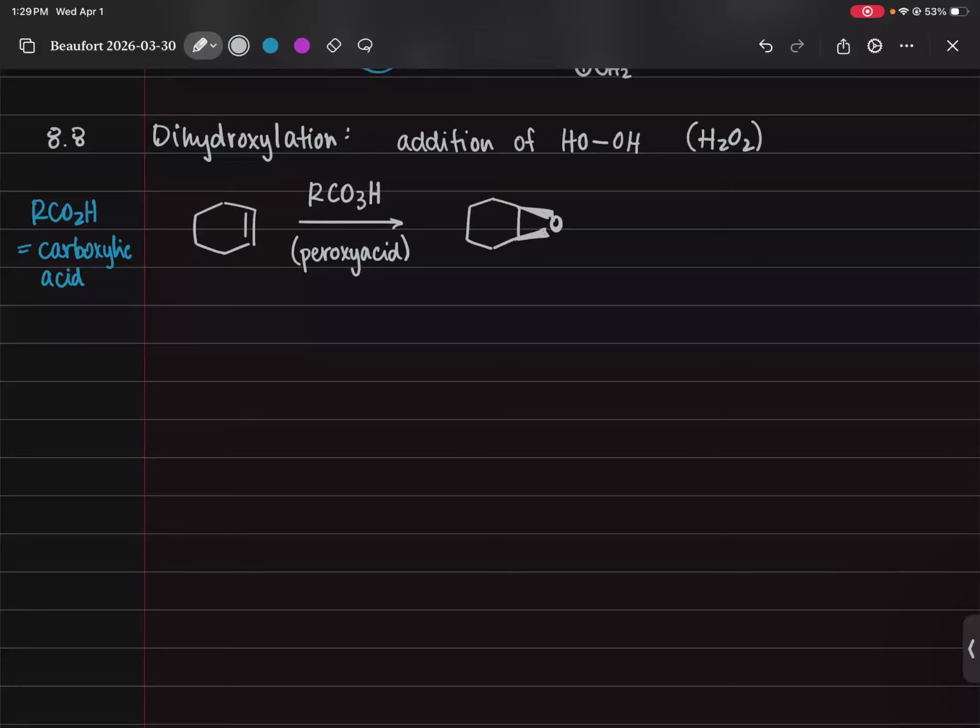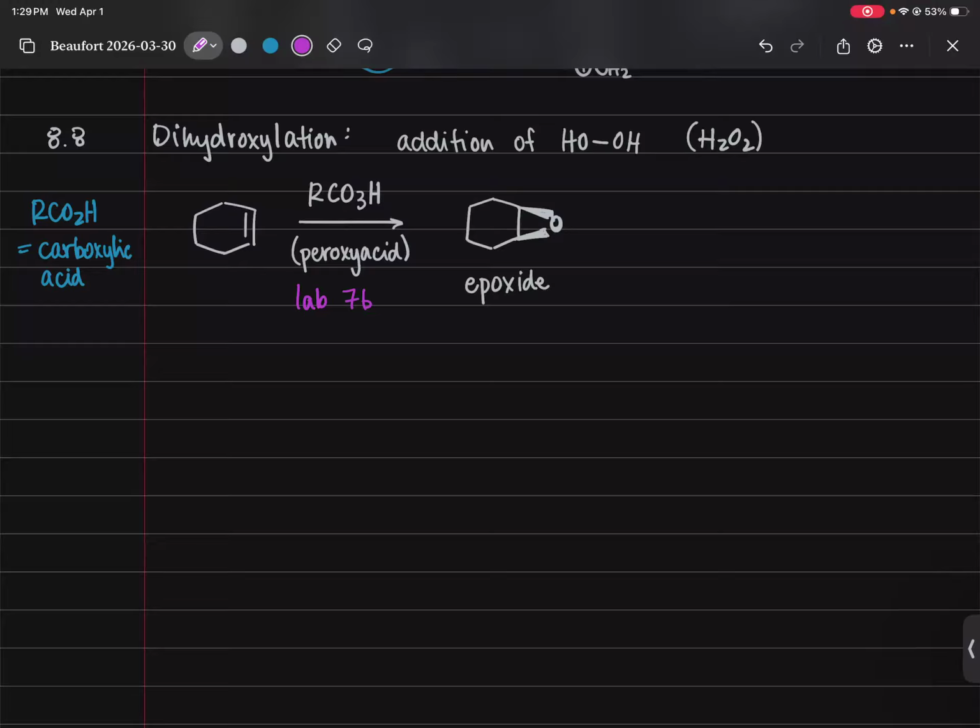Okay, this gives us another three-membered ring, this time with oxygen. That's called an epoxide. Okay, this is the second part of Lab 7.